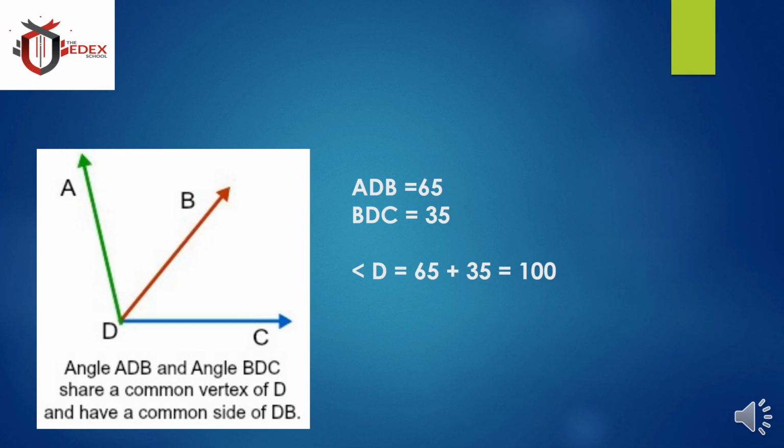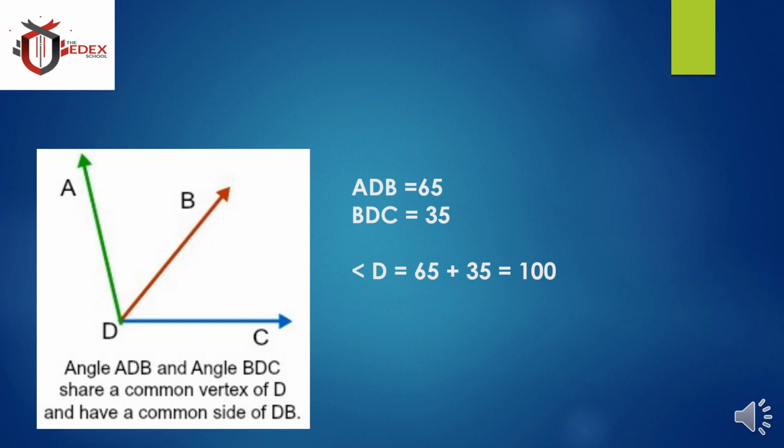But how can you find the unknown angles or the total of adjacent angles? Suppose the first angle ADB is 65, another angle BDC is 35. So when we add them, we will find angle D, because angle D is divided into two adjacent angles.